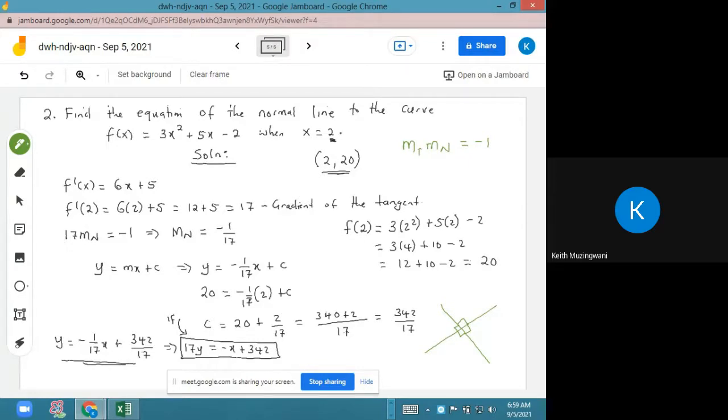And that's the reason why we started by finding the gradient of the tangent, even if we're looking for the normal. In some courses, we call this first derivative the gradient equation. We don't call it the first derivative. We call it the gradient equation.